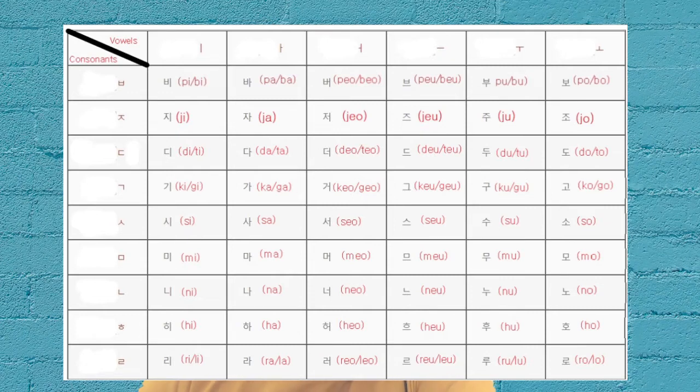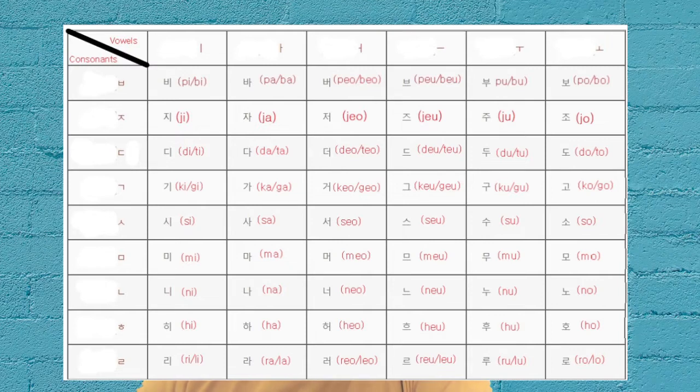How about the next one? G: ja, jo, ju, ju, jo. Next is T: ta, to, tsu, tu, to. Then ki, ga, go, ku, gu, go. Next, si, sa, so, su, su, so.